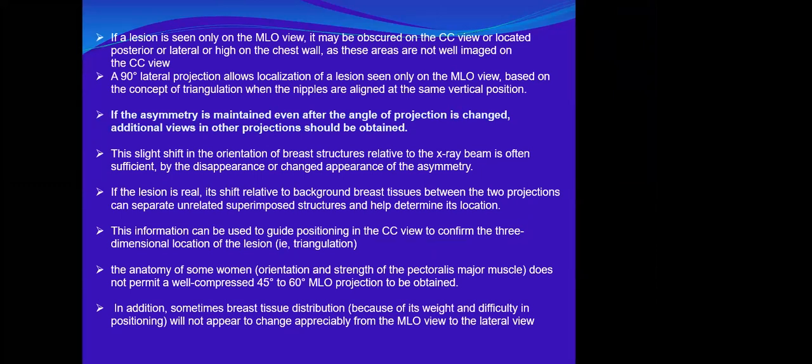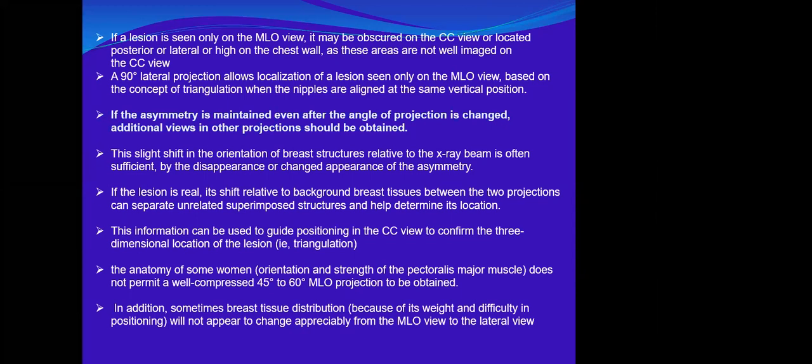So a 90-degree lateral projection allows localization of a lesion seen only on the MLO, based on the concept of triangulation, when the nipples are aligned at the same vertical projection. If the asymmetry is maintained even after the angle of projection is changed, then an additional view in the other projection should be obtained.